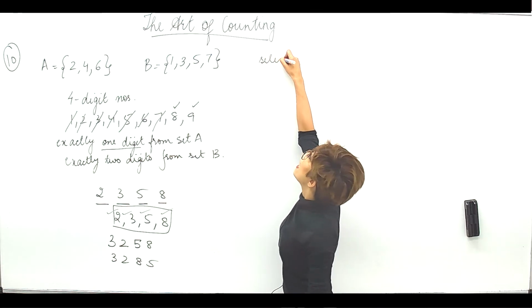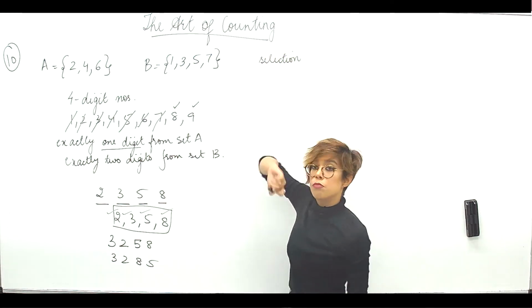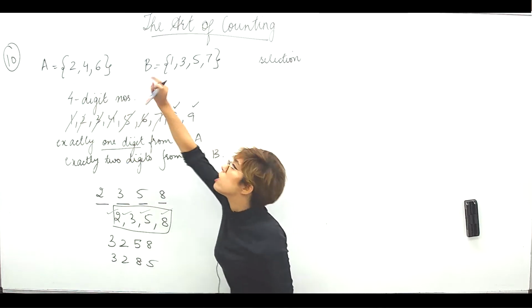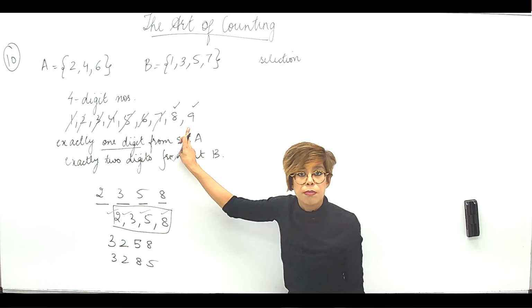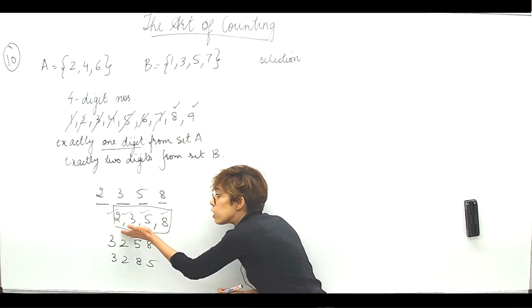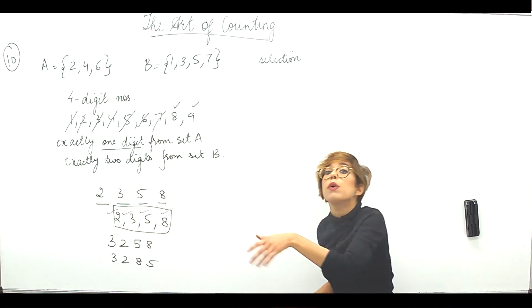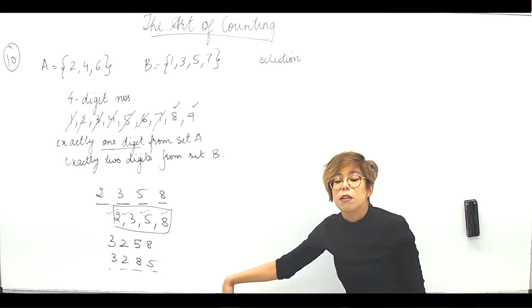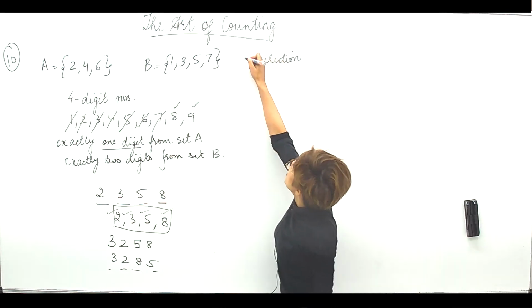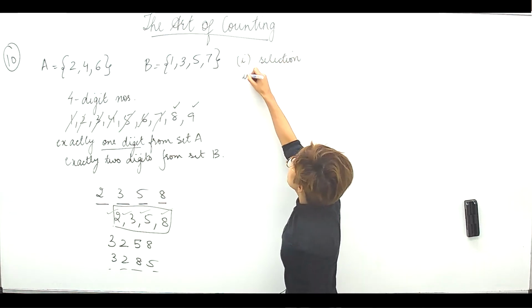You need to select which digit I'll select from A, which digit I'll select from B, and which digit I'll select from these two. Now, once you select these digits, then you can arrange them to get the 4-digit numbers, like I did. Obviously, there will be more cases. So 2 steps. First selection, second is arrangement.